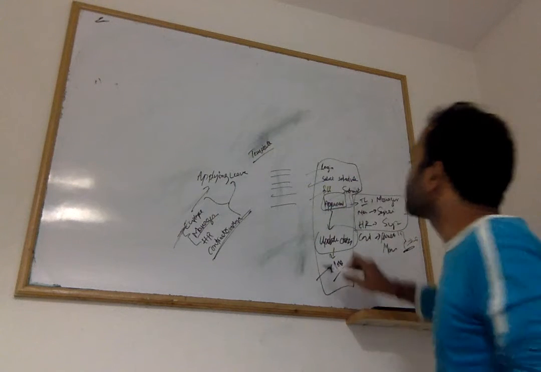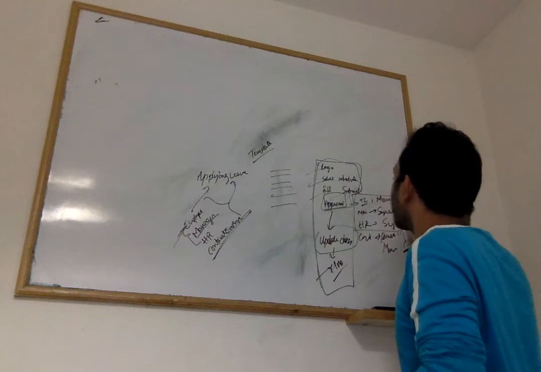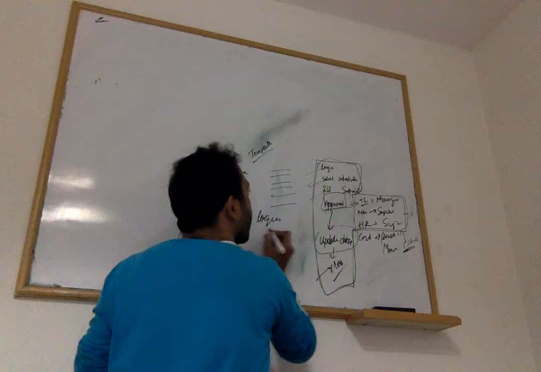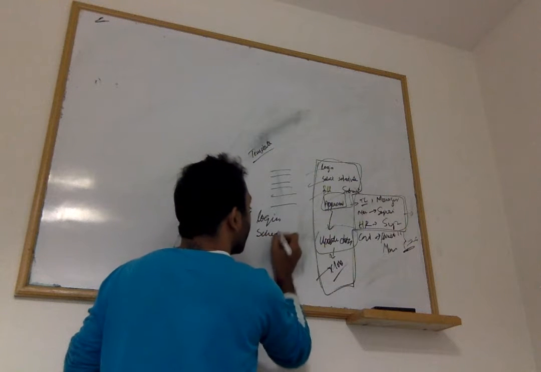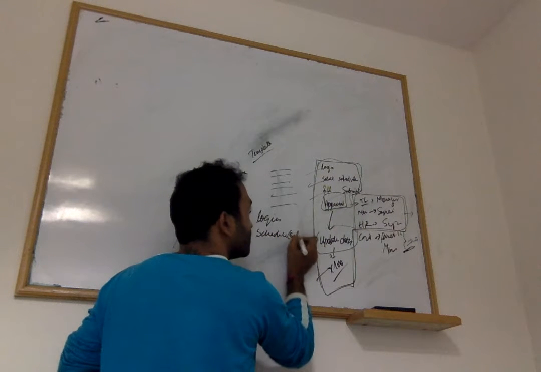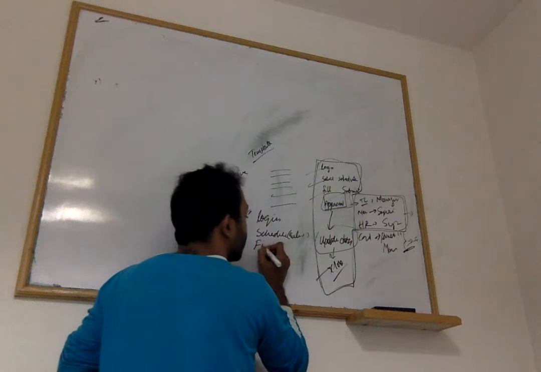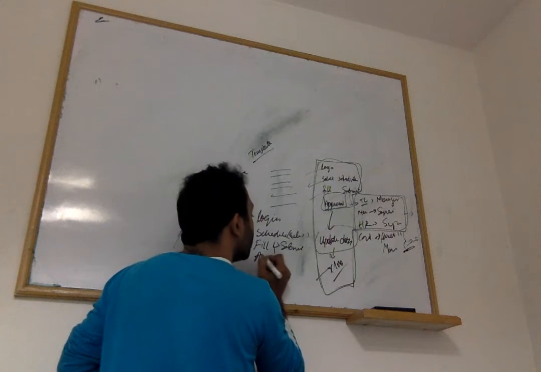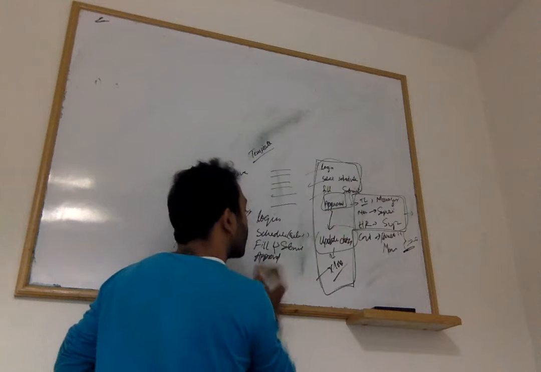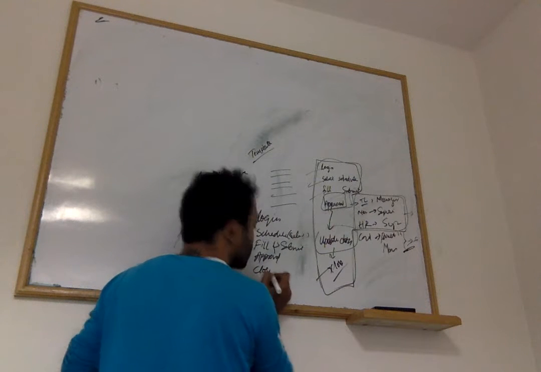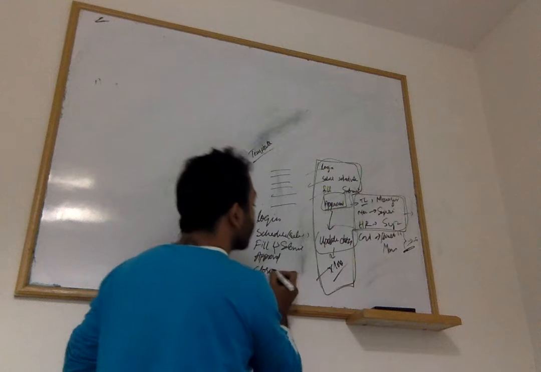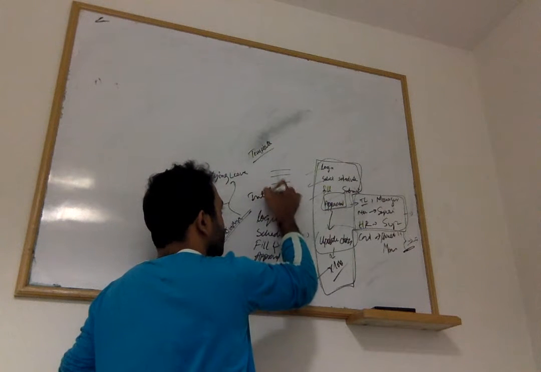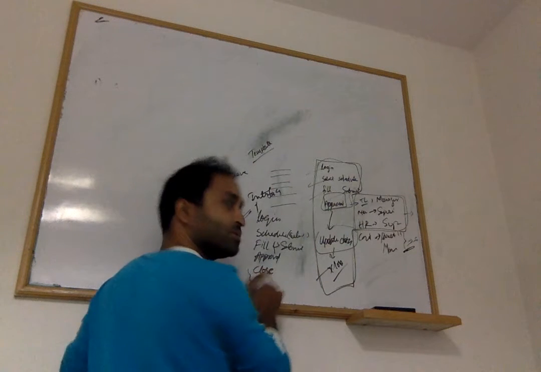So what we can do is define a template for this. What should the template be? Login, then schedule, or select it, then fill the details and submit, then approval, and then close. You can define an interface for this with all these methods.